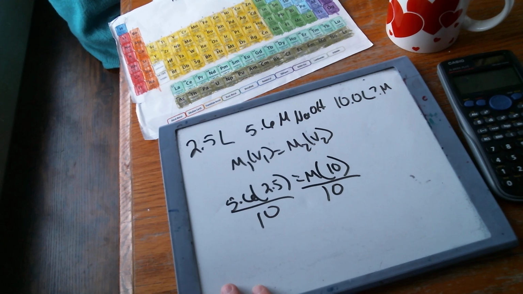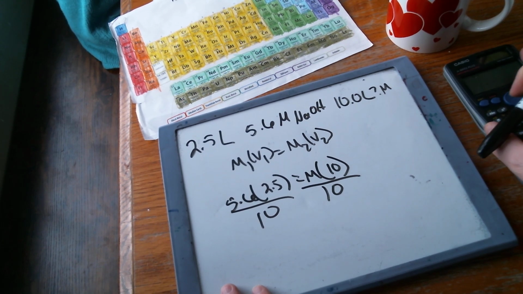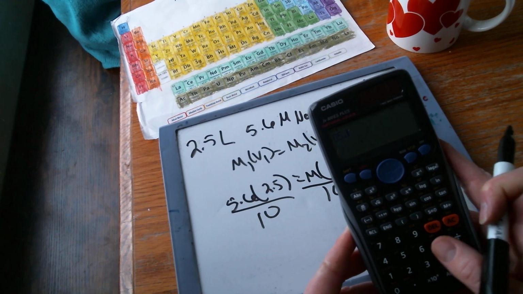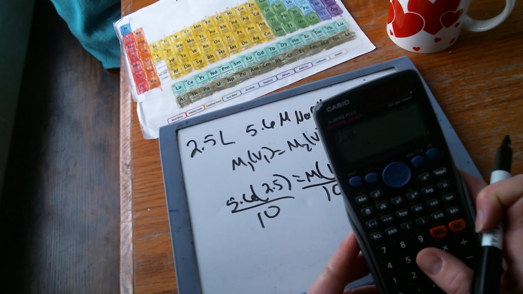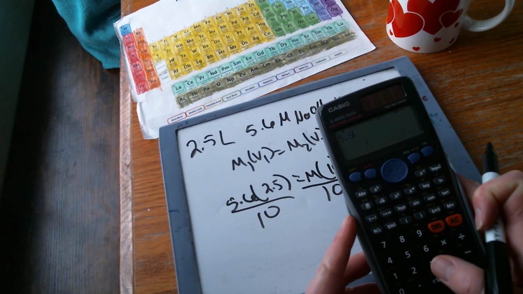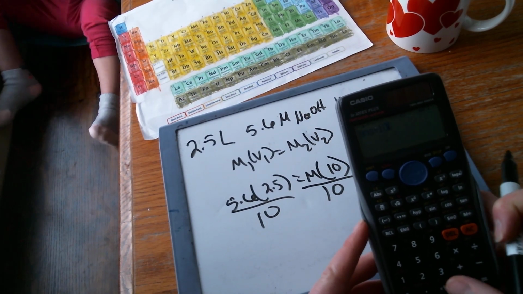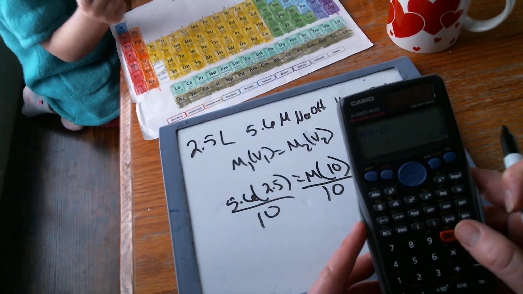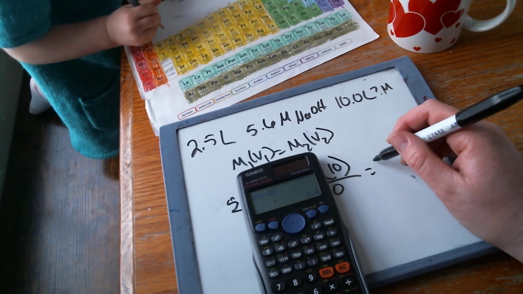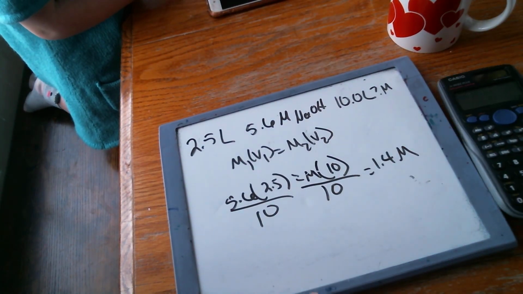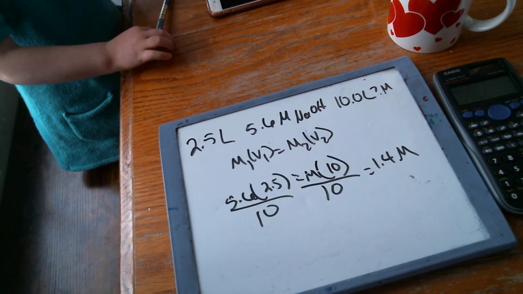So 5.6 times 2.5 divided by 10 is 1.4. So equals 1.4 moles. Perfect. That's exactly what this has. Amazing. You got it right.